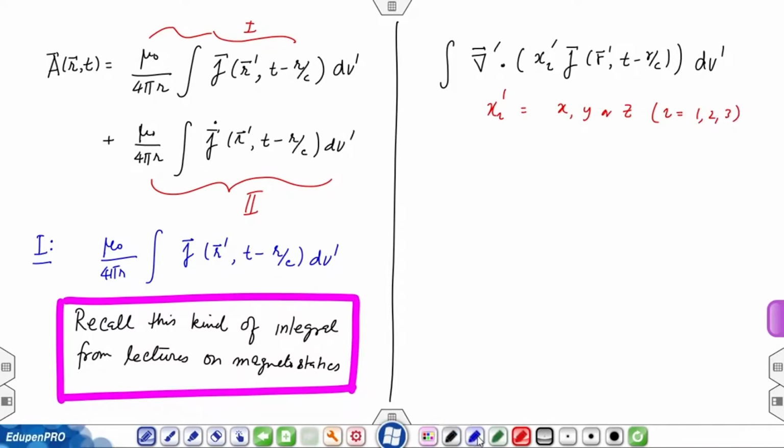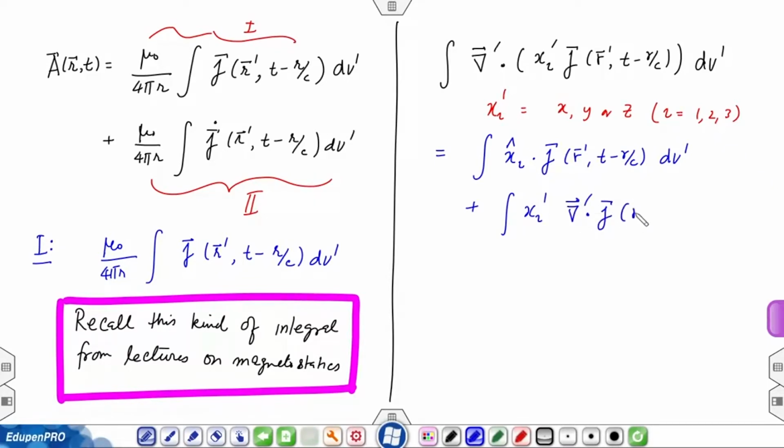So, this can be written as unit vector in I direction, so let me write this as x I dot j r prime, t minus r over c, integral dv prime, plus integral x I prime divergence of j r prime, t minus r over c. Keep in mind that the divergence is with respect to the primed variable.